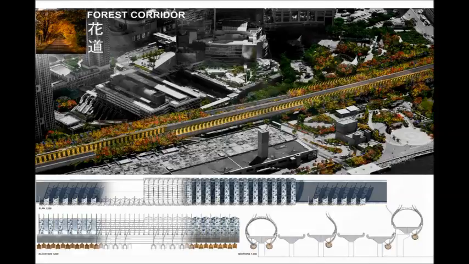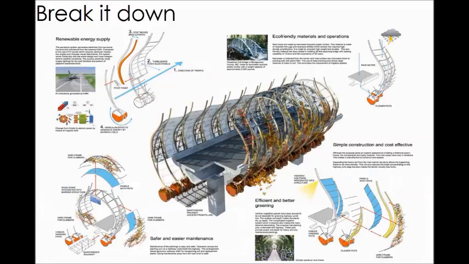I-95. And basically it's an urban forest corridor, and it goes all the way down the highway. And so basically it acts not only as an urban forest, but also acts as a sound barrier, and also collects the stormwater off the highway in these barrels right here.